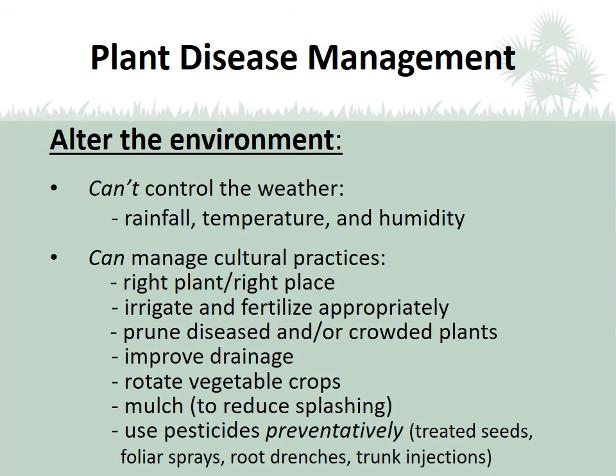In plant disease management, one key aspect of our management plan will be to alter the environment when we can. While we can't control the weather, be it rainfall, temperature, or humidity, what we can do is manage cultural practices. We can use the concept of right plant, right place to put the correct plants in environments that meet the conditions that surround them.